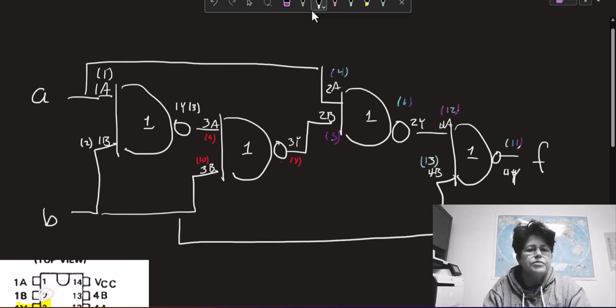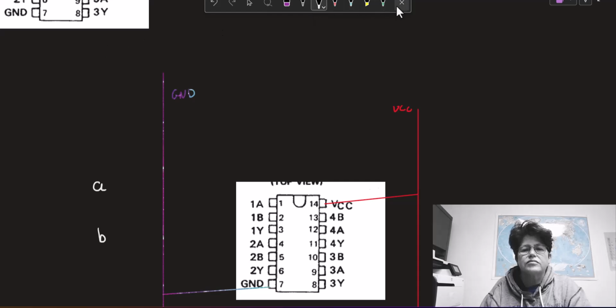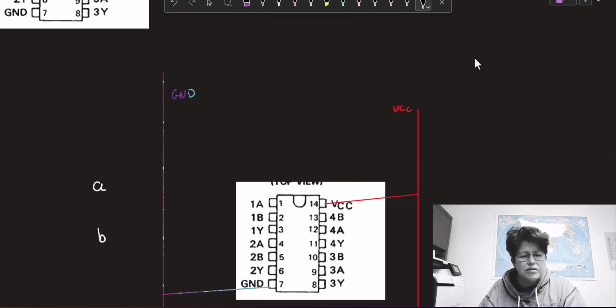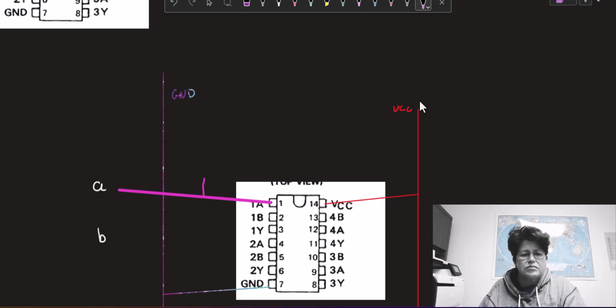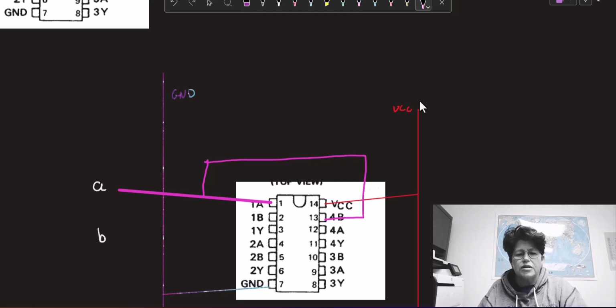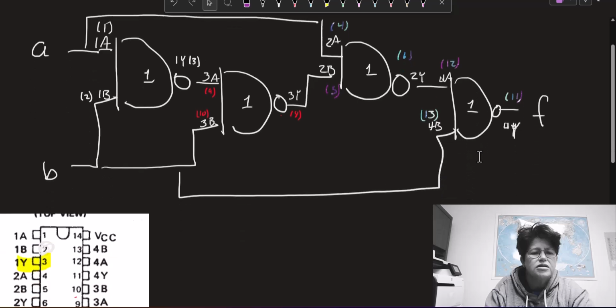So A is going into pin 1 and pin 4. And then B goes to 2, 10, and 13.